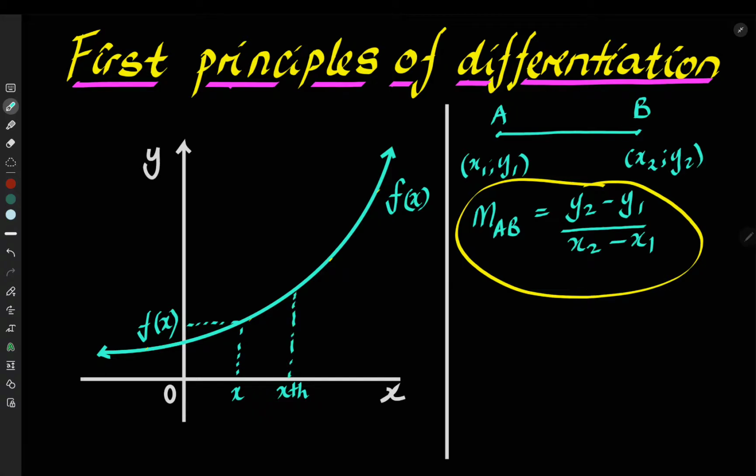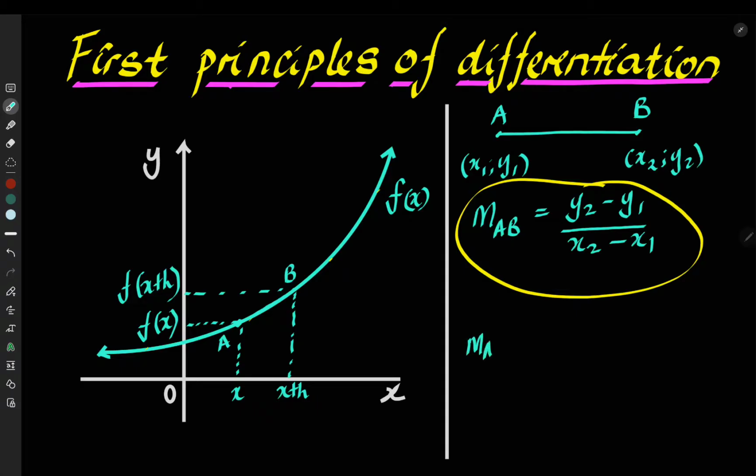Therefore, the y coordinate will be the function of x plus h. So now we have 2 points that are joined together, and these points are close to each other such that AB becomes like a straight line. With that, we can determine the gradient of AB.